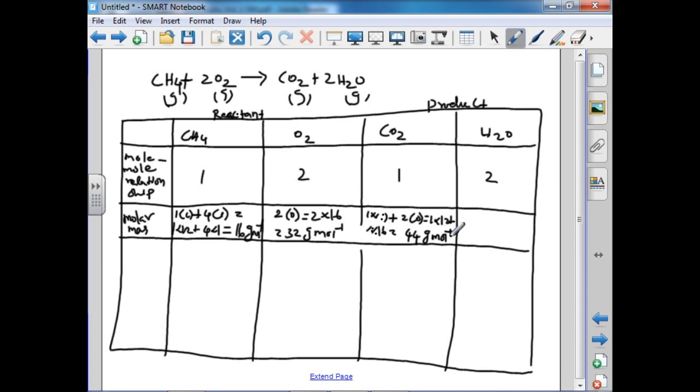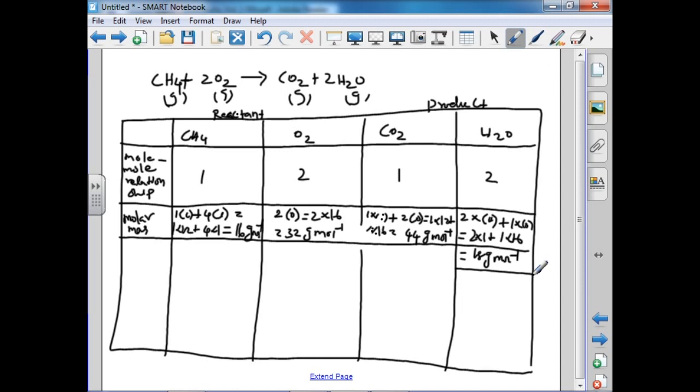The molecular formula of water H2O: 2 into 1 plus 1 into 16 equal to 18 gram mole inverse. The molecular mass of water is 18 gram mole inverse.